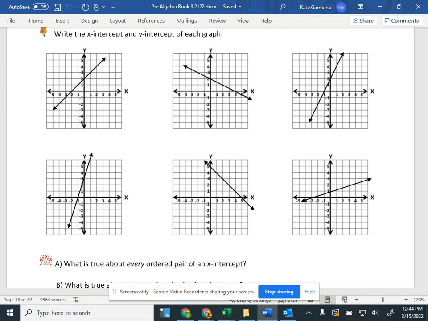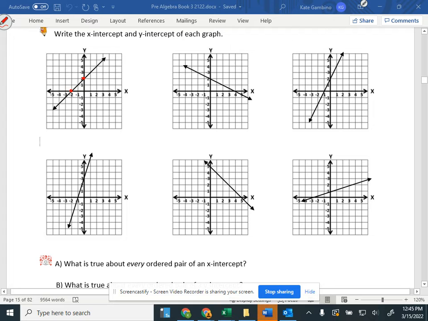So you're going to write 2 ordered pairs, one for the X-intercept, one for the Y-intercept. Here's the thing. I want you to tell me which one is the X and which one is the Y. Because we need to make sure we're keeping it straight. I can look at this and I see we're intercepting right here and we're intercepting right here.